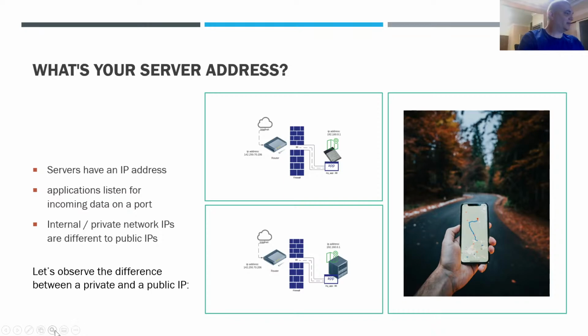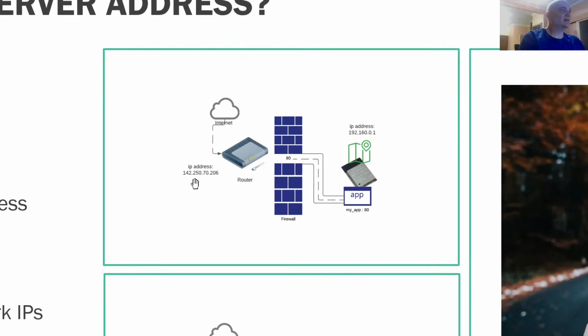If we have a look at something like this, what you'll notice is we have a router, and the router has an IP address, and then we go through from the other side of our router to our application, which is sitting on our ESP32, and our ESP32 also has an IP address, and you can see that that IP address is different to that IP address.